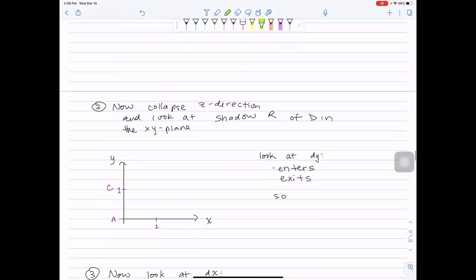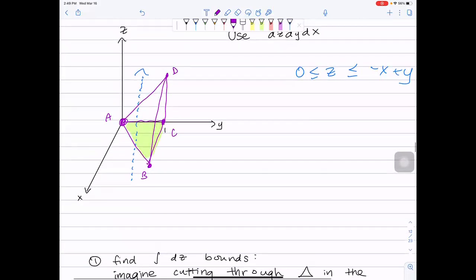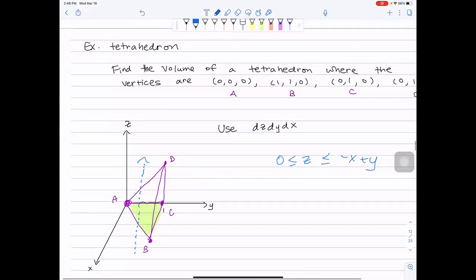If I redraw that triangle, you can think about your points. A without the z coordinate leaves you with 0, 0, so this is our new A. B without the z coordinate is just 1, 1. And C without the z coordinate is 0, 1.